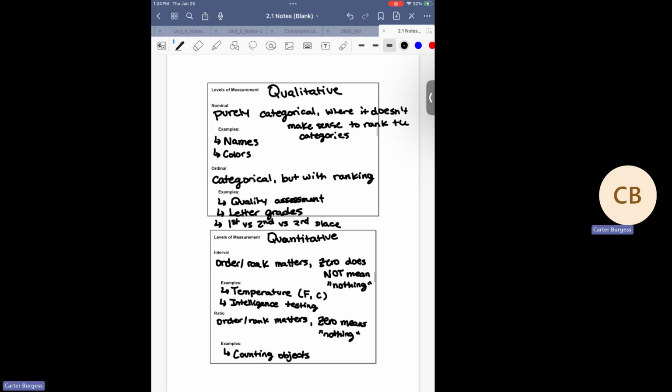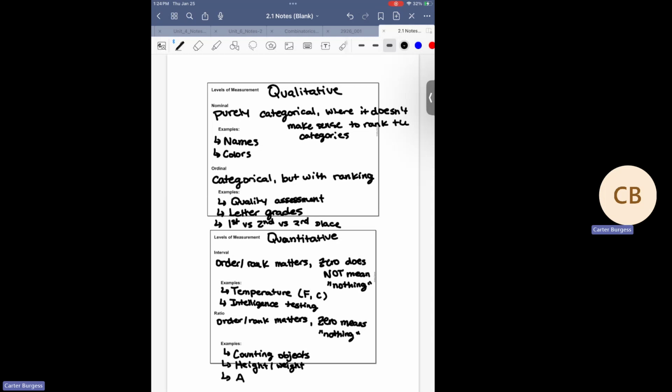We can also see this with numerical representations for height or weight. Having a height of 0 just means nothing. Having a weight of 0 means that there's nothing there.